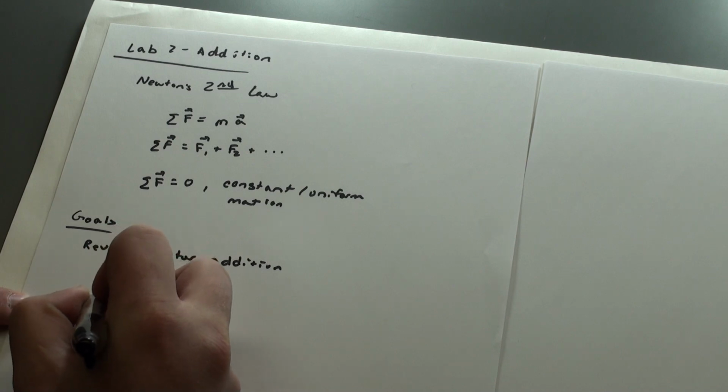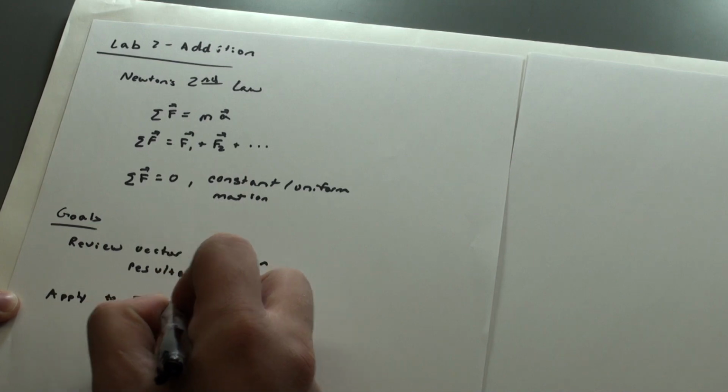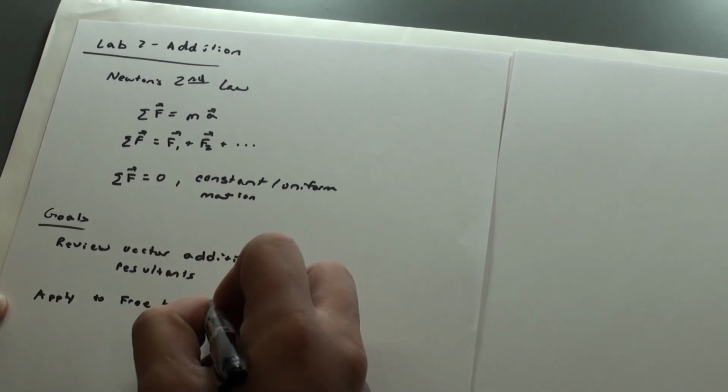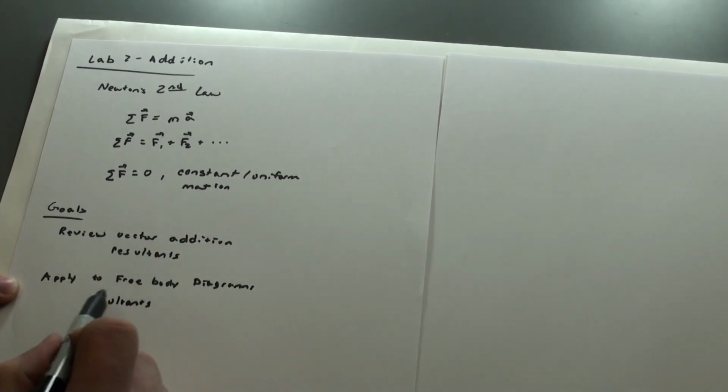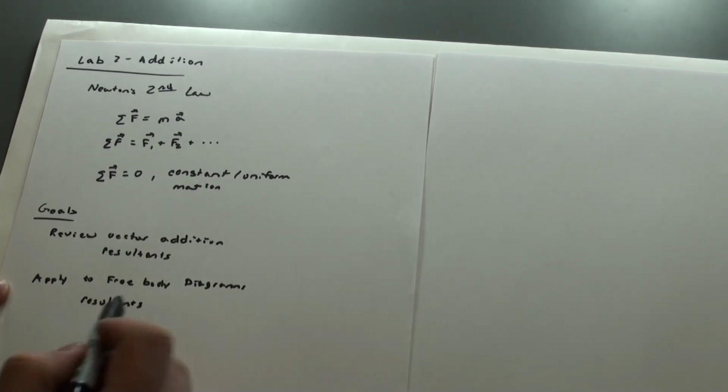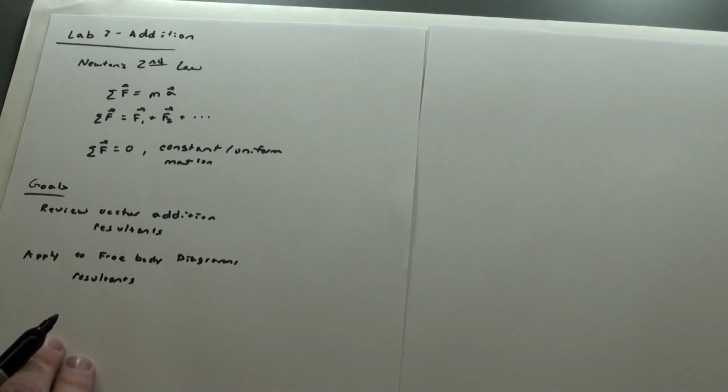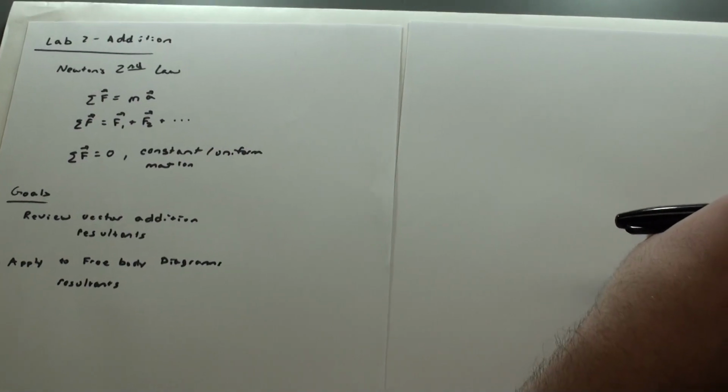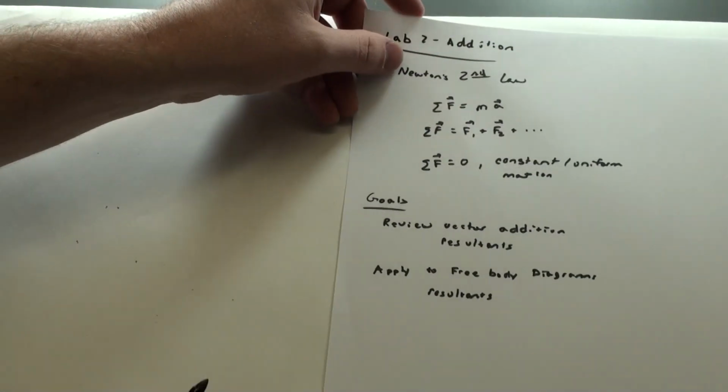Then we're going to learn how to apply vector addition to free body diagrams, and once again look at what those resultants for those free body diagrams tell us. Okay, so let's perhaps start with the free body diagram.